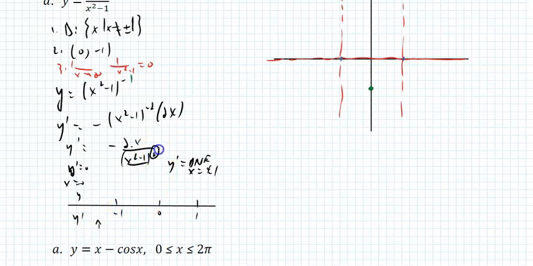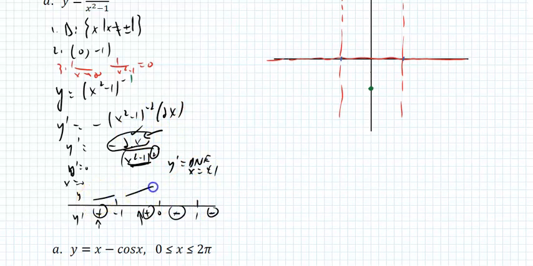The denominator is squared, that means it's always positive. If I pick negative 3, the top, negative 2 times negative 3 is positive. A point in between 0 and negative 1, say negative a half, negative 2 times negative 1/2 is also a positive. And if I pick a positive point either here or here, negative 2 times the positive will be a negative. So there it is.